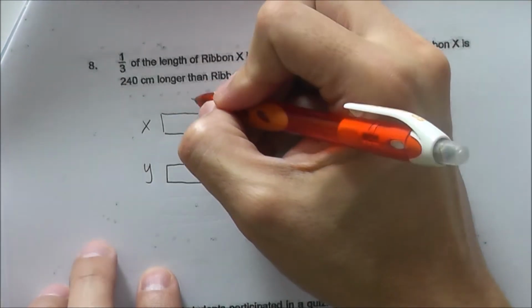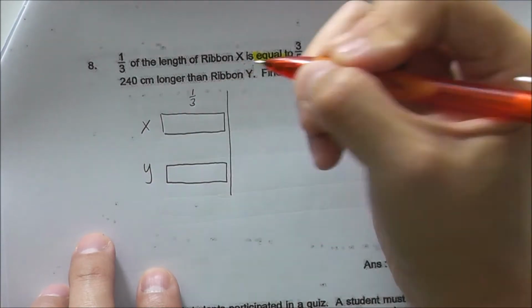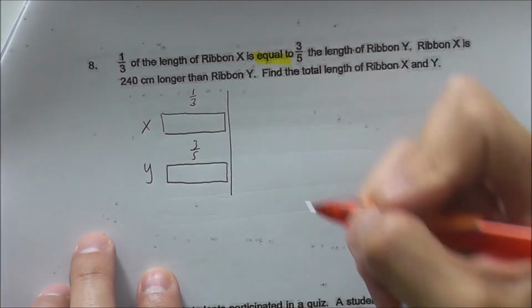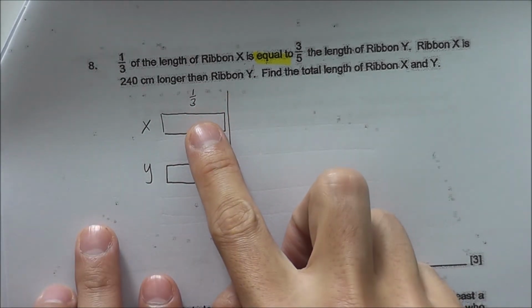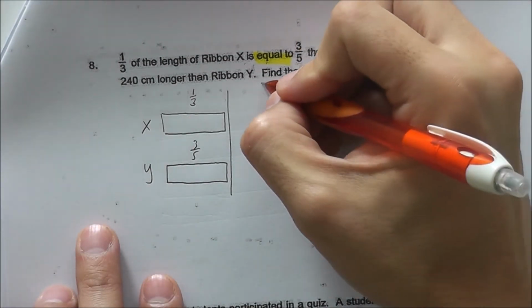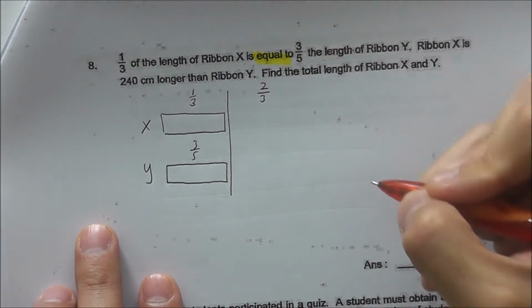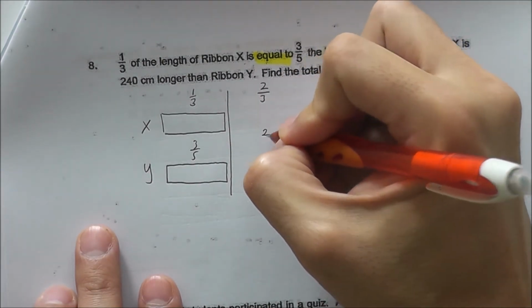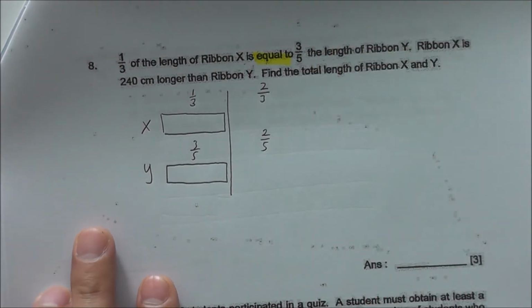This part that is equal is actually 1/3 of X. So this side is 1/3, and this side will be 3/5 of Y. If this side is 1/3 of X, the other side would be 2/3. If this side is 3/5, the other side will be 2/5. So far clear, right?